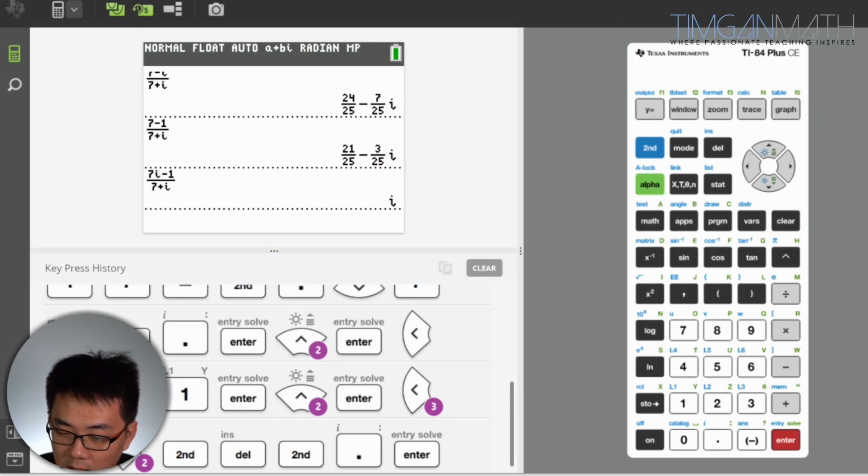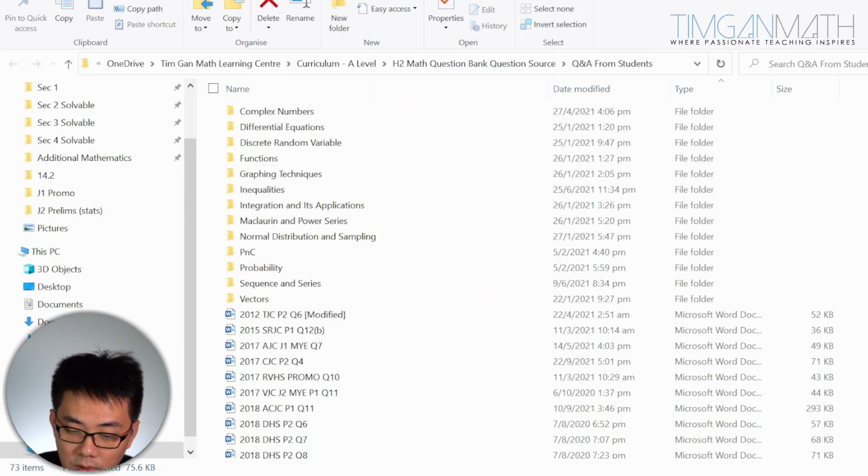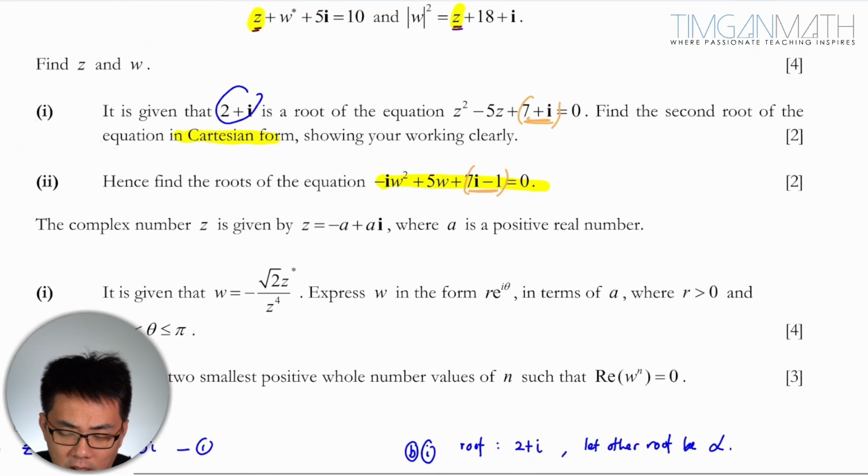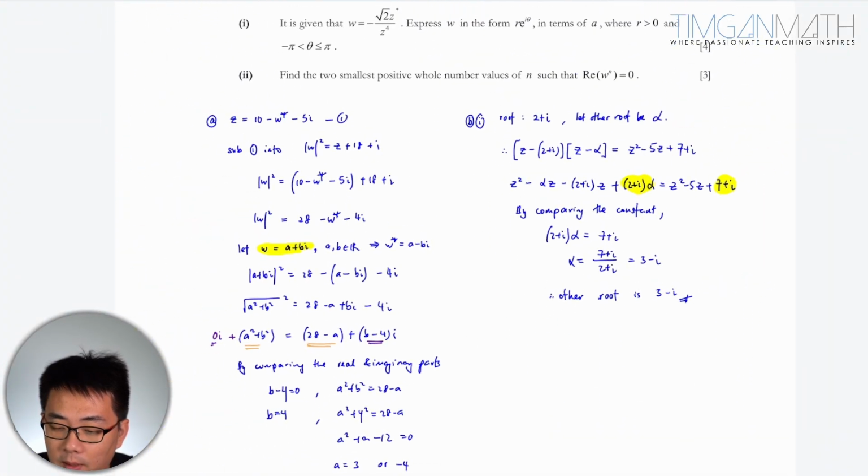Okay, great. So you realize it's just an i. So you can actually see quickly that you just need to multiply by i to get this. Actually, you don't really need the calculator, so there are many ways.